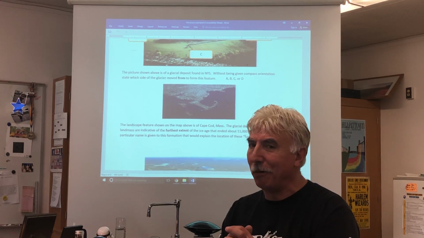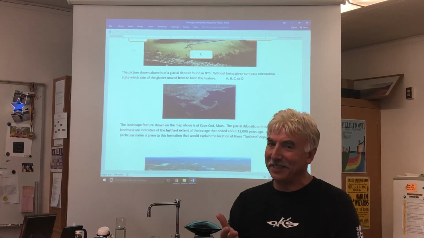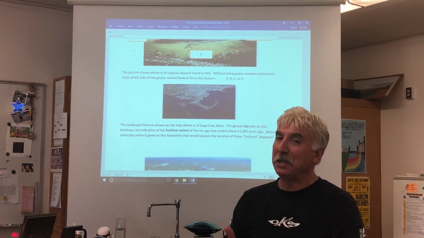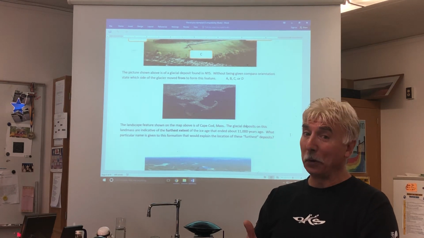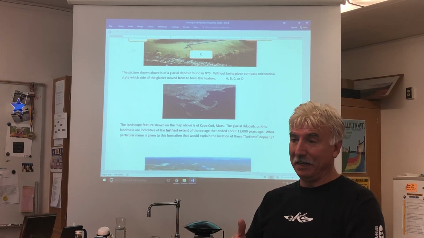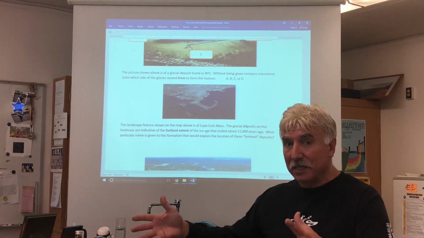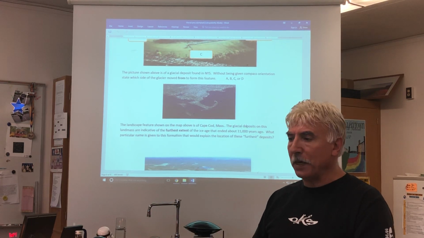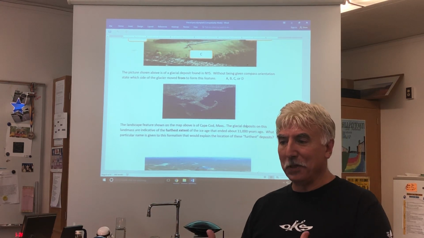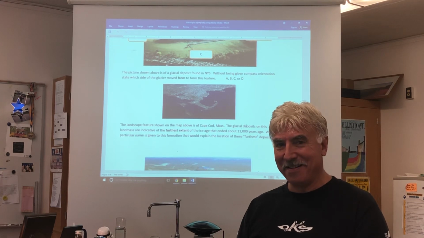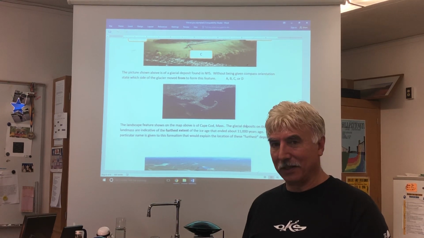So I think this is really cool because Cape Cod and Long Island today have some of the most expensive real estate in the world. The Kennedys in Long Island, the Hamptons area, super expensive real estate. That real estate was not here 1.8 million years ago.